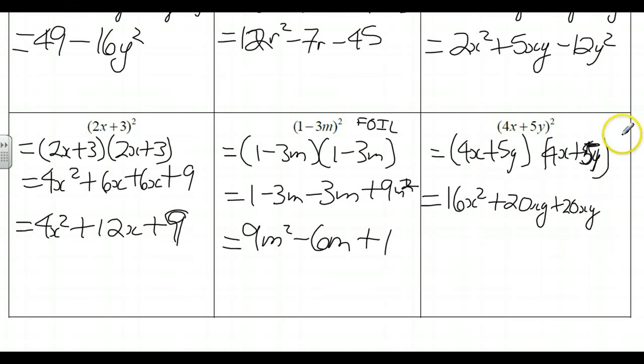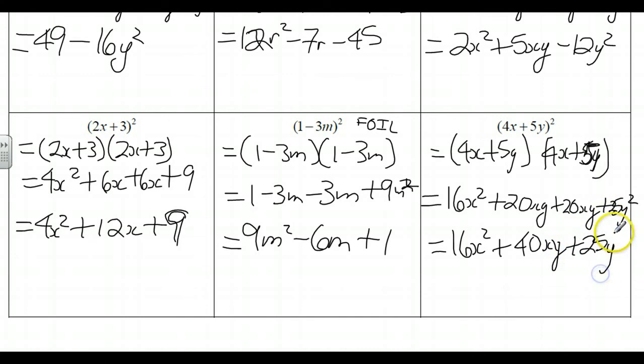And last, positive times a positive gives me plus 25y squared. Collect it together. Now in this case, we're going to start with the x squared, then go to the xy term, and then go to the y squared. Okay, I leave that up for half a second. You can always pause here if you want to look at it.